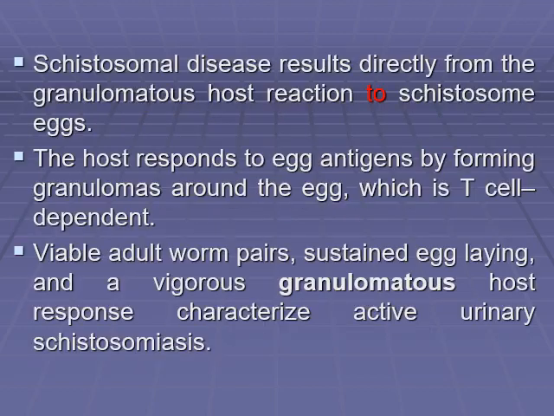So what about schistosomal disease? It results directly from the granulomatous host reaction to schistosomal eggs. The host responds to egg antigen by forming granulomas around the eggs, which is T-cell dependent. Viable adult worms sustain egg laying, and a vigorous granulomatous host response characterizes active urinary schistosomiasis.